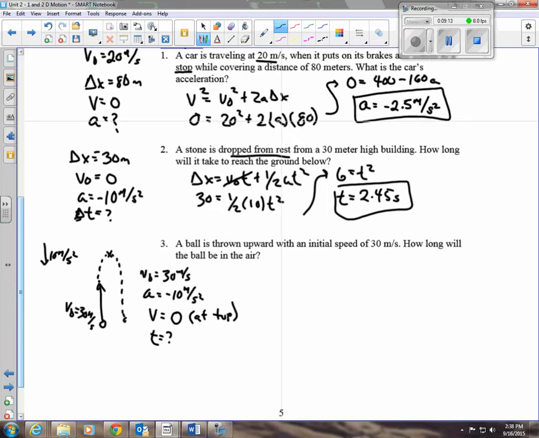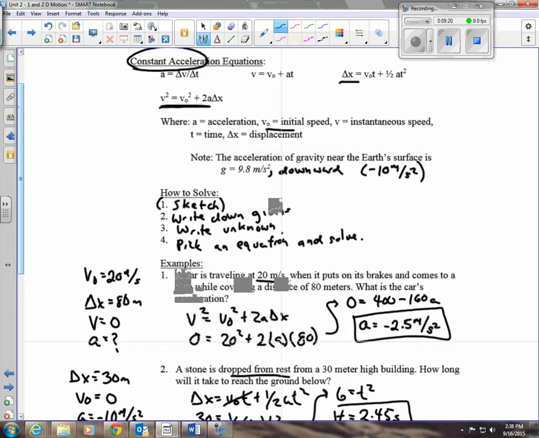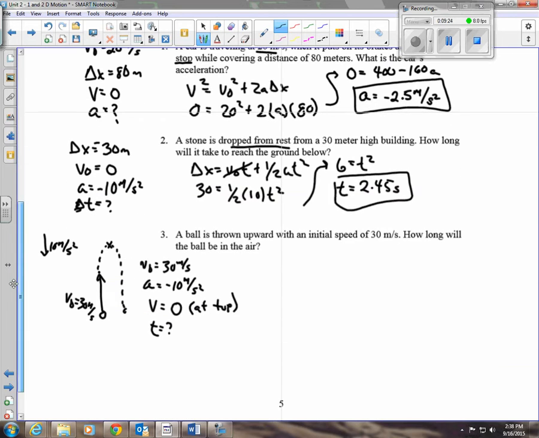So now I have 3 givens and 1 unknown I can solve. If I look at my equations, the one I'm going to use for this one is going to be this one. V is v0 plus at. So v is v0 plus at. 0 equals 30 plus minus 10t. When I settled out, t is 3 seconds.